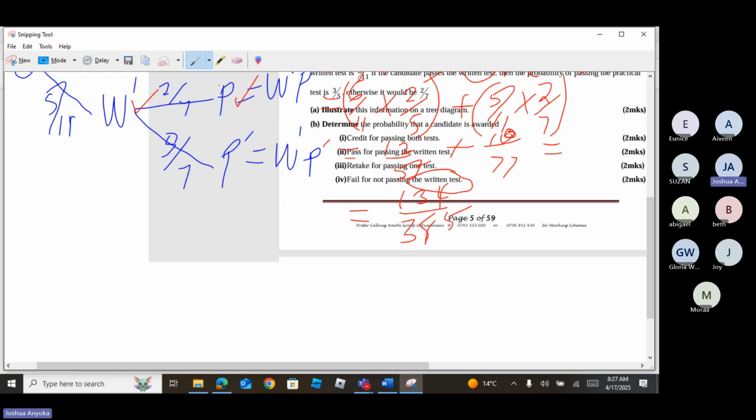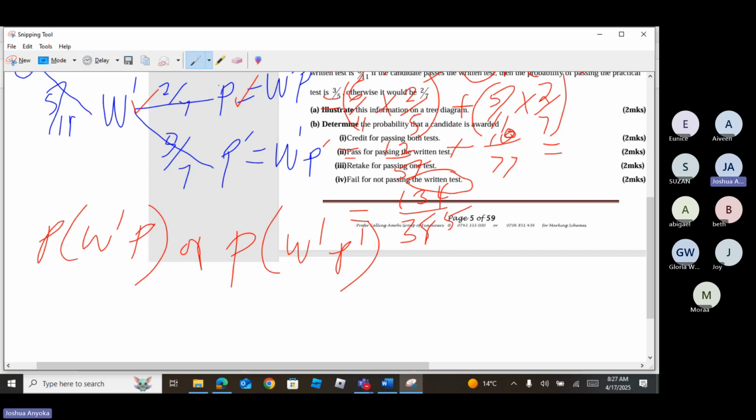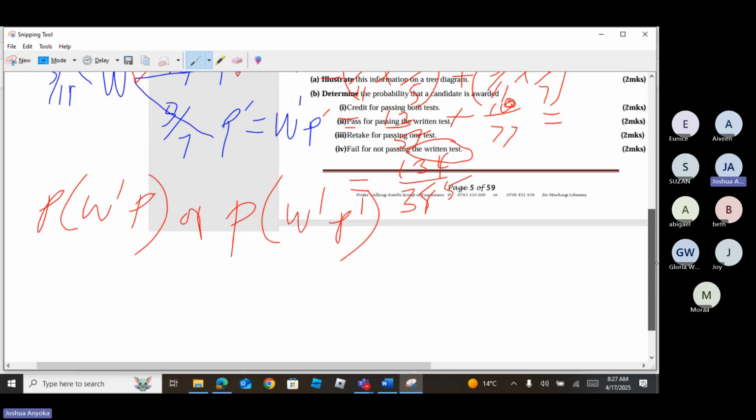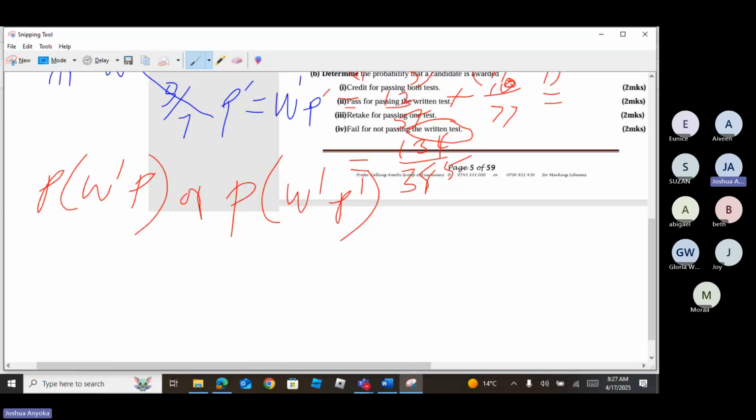So the probability that a candidate is awarded a fail for not passing the written exam is the probability of failing written and passing practical, or the probability of failing written and failing practical. I expect the two conditions because we are given the aspect of failing the written exam.